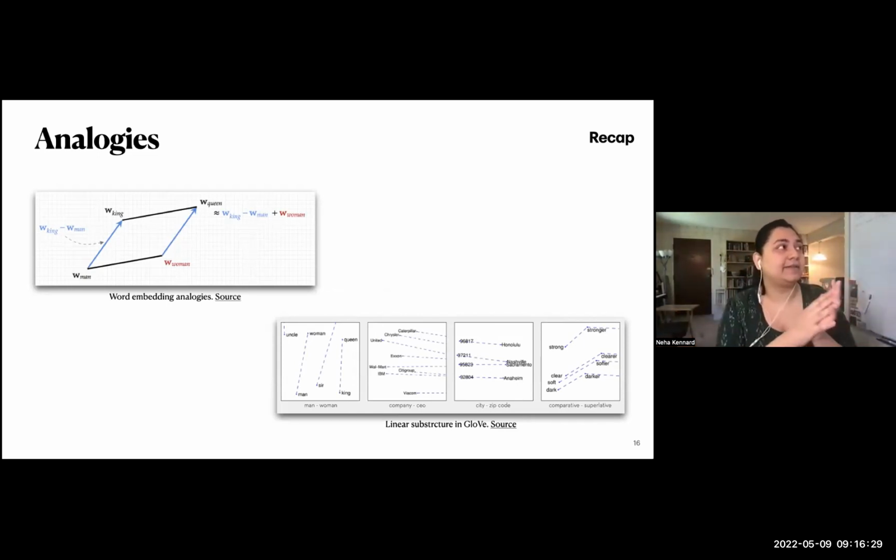The idea was that if you had a vector for king and a vector for queen, the vector difference between those two encoded some kind of masculinity-femininity shift. And it was shown that that could be replicated to shift words like man to woman, brother to sister using the same shift. People were very excited about this constant offset.